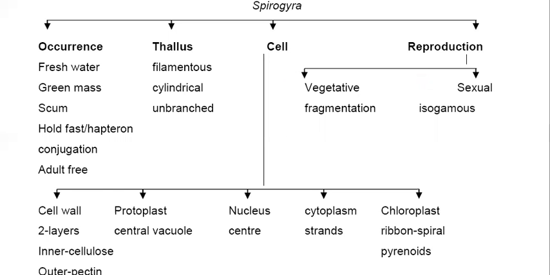You can easily understand by drawing it on paper, and then you can write down and describe each and every terminology, for example, the reproduction, the vegetative fragmentation and sexual reproduction. You can write down the vegetative reproduction very easily once you have comprehended such terms.